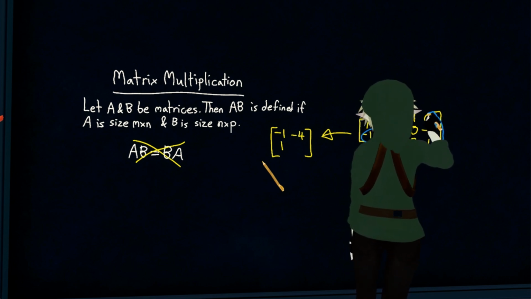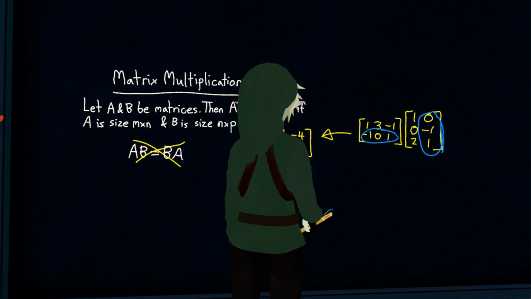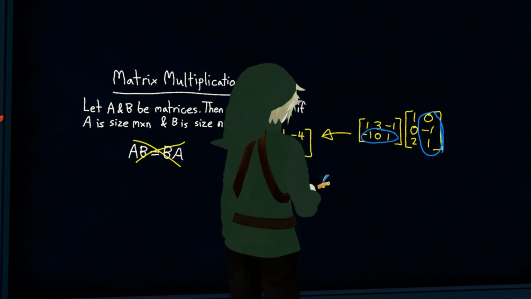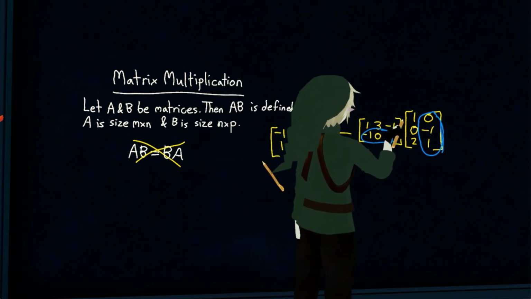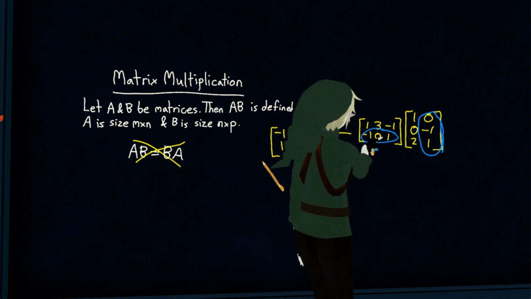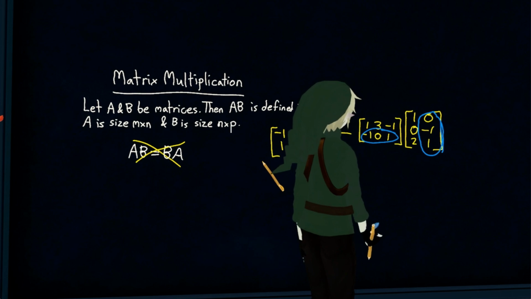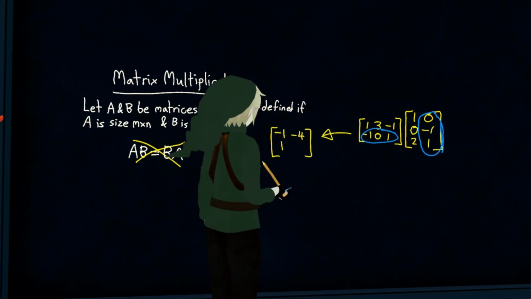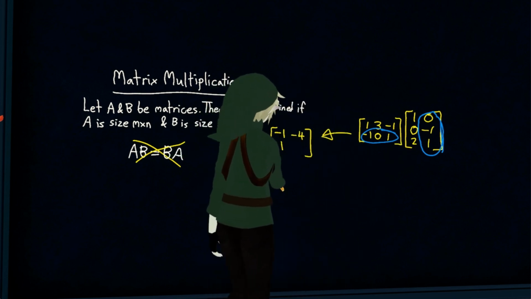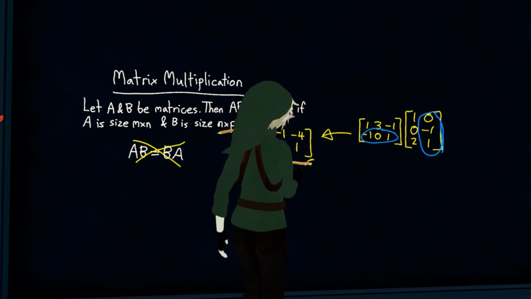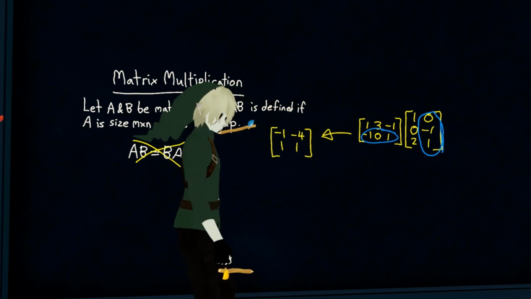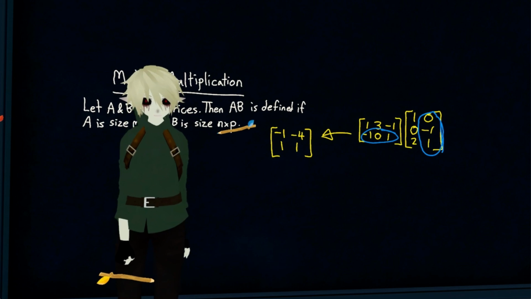For your perspective, like that. So that means we have -1 times 0, that's 0. 0 times -1, that's 0. Plus 1 times 1, that gives me 1. And that's what we put here. And that's how you do matrix multiplication.